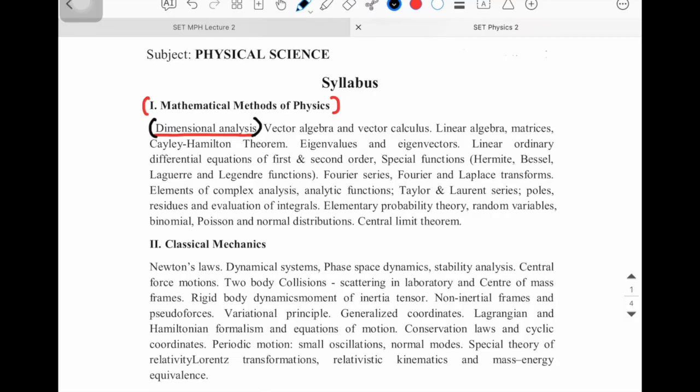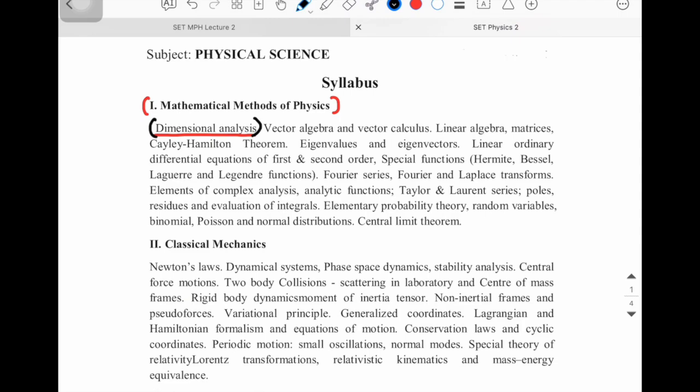So we cannot ignore this. Even though it is a simple subject and questions are not asked every year, there are questions from dimensional analysis in the Karnataka State Eligibility Test, Maharashtra State Eligibility Test, and Rajasthan State Eligibility Test, and also in TN SET.